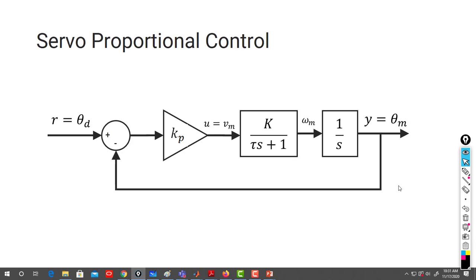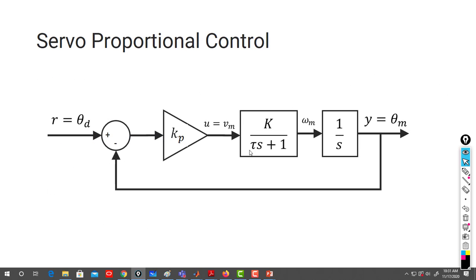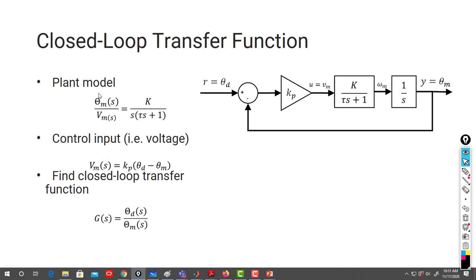So how to design proportional control of this system? I have a system like this and I want to design proportional control. First thing you need to do is find the closed loop transfer function, which is theta m over theta d.